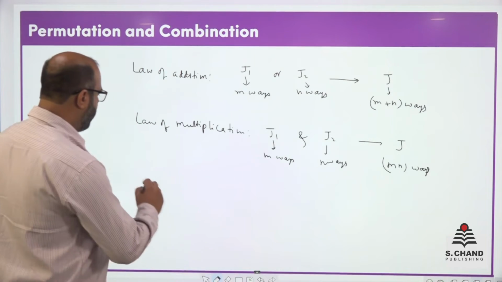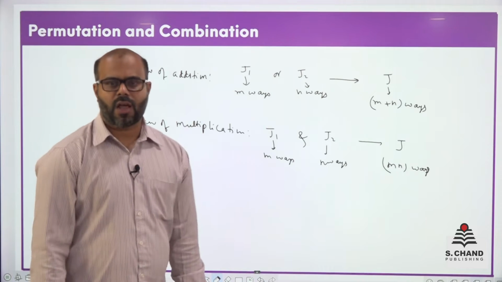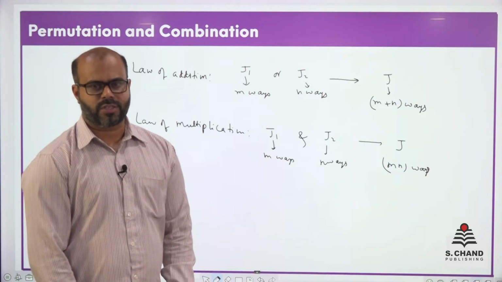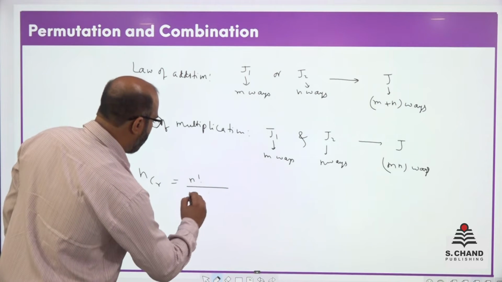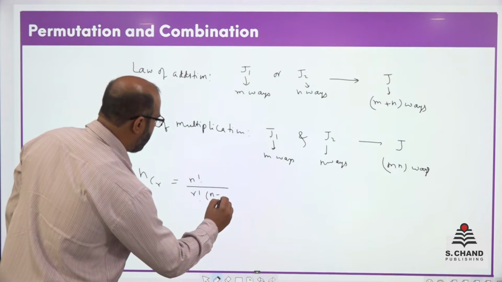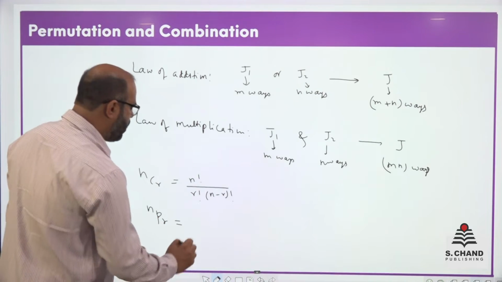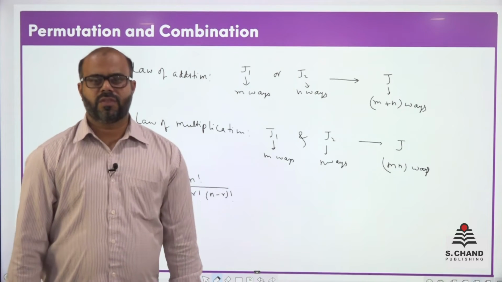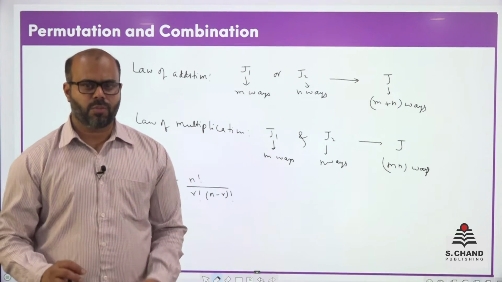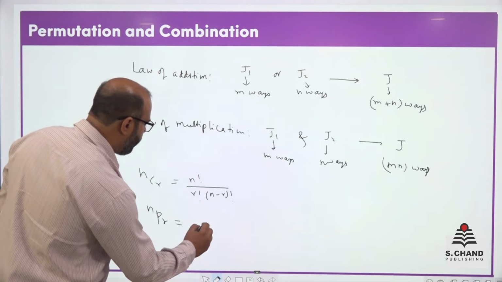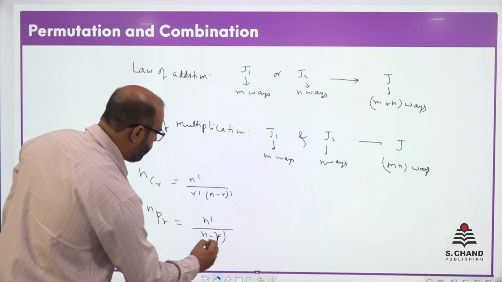Now there are a few formulas like nCr, the number of ways in which you can select r objects out of n distinct objects, and its value is n factorial upon r factorial into n minus r factorial. Similarly, nPr is the number of ways in which r objects can be arranged from n distinct objects, so its value is n factorial upon n minus r factorial.